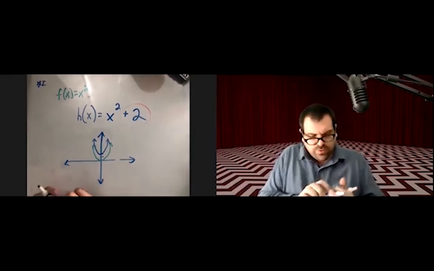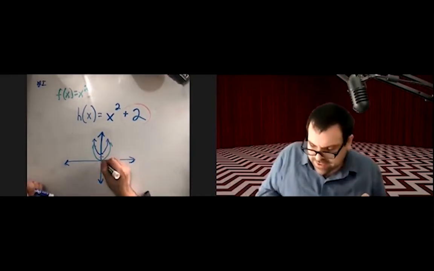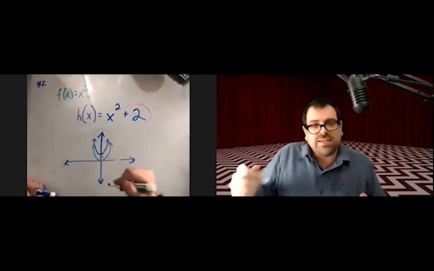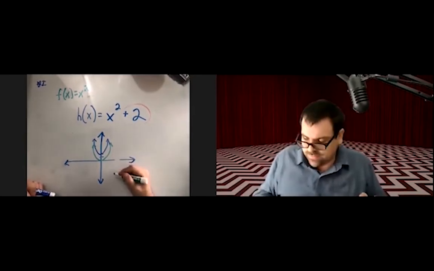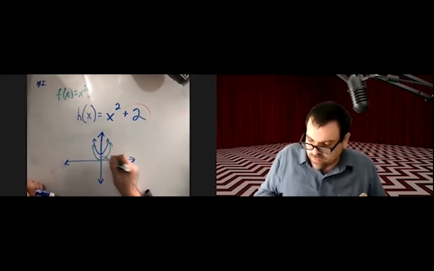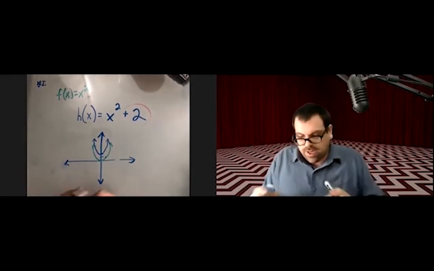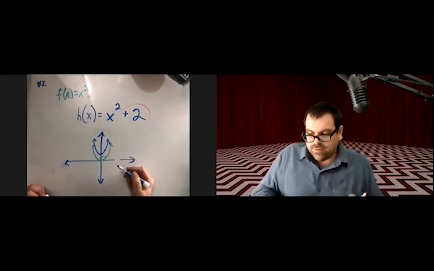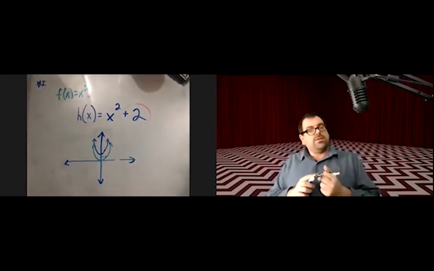Well, the original had 0, 0. That'll be our new starting point, and everything gets moved up 2. So if we went right 1 up 1 to get to 1, 1, here we would go right 1 up 1 to get to that next point, and we draw our parabola through it.